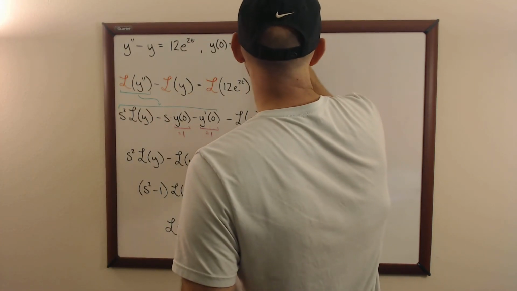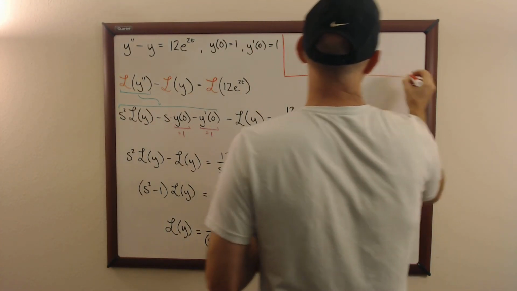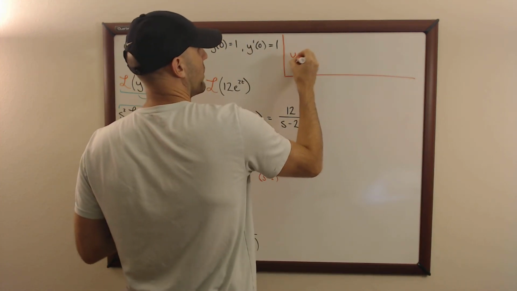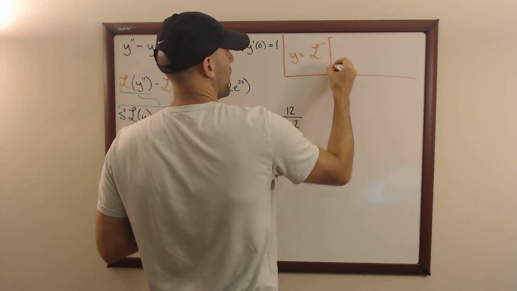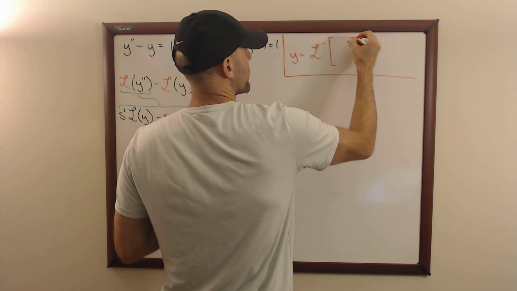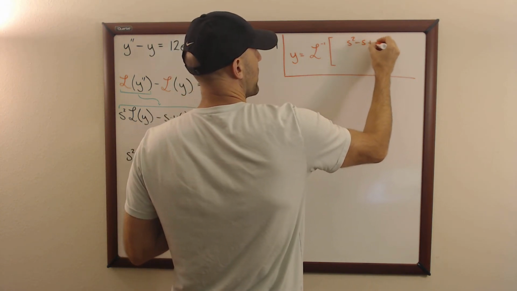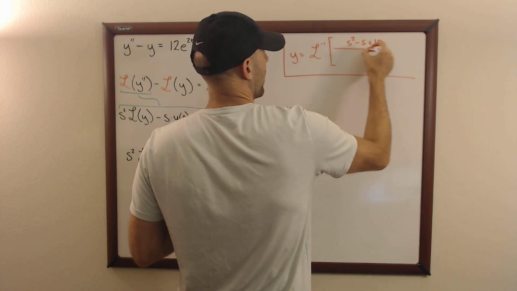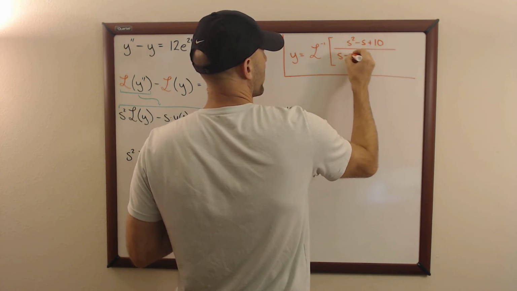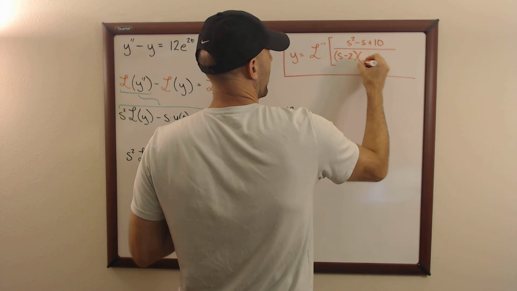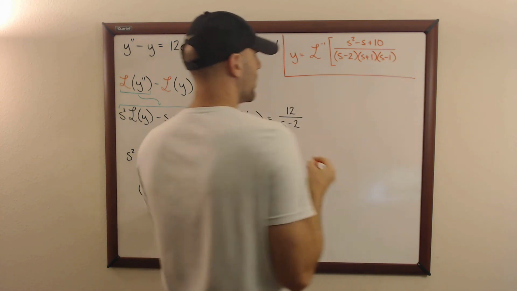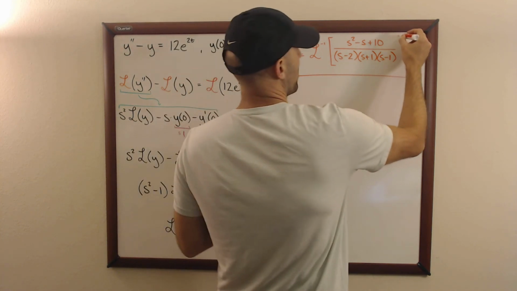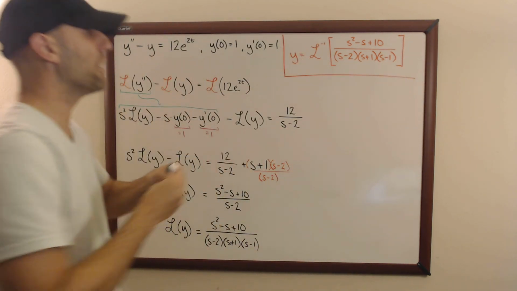My solution is y is equal to the inverse Laplace transform of s squared minus s plus 10 over s minus 2, s plus 1, s minus 1. Okay? Now, of course, I'm not finished because I can actually invert this, right?